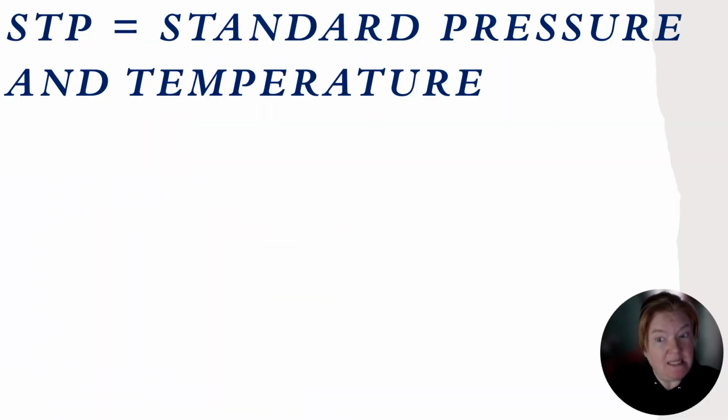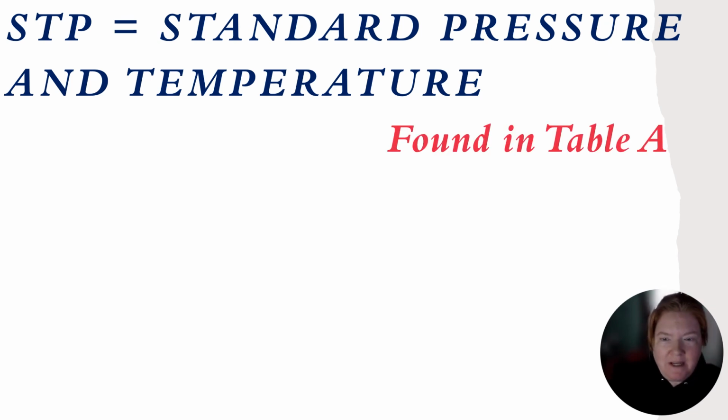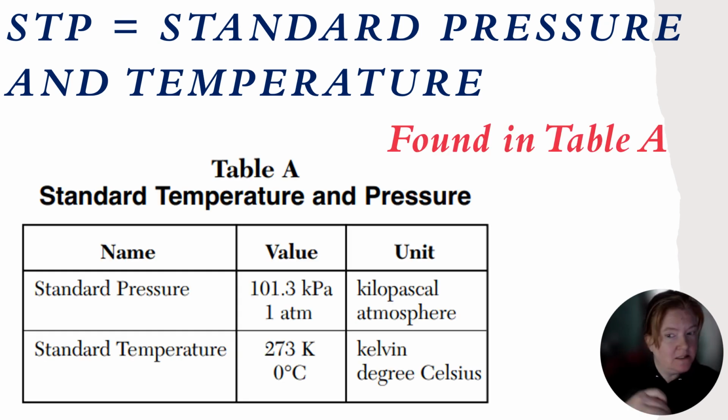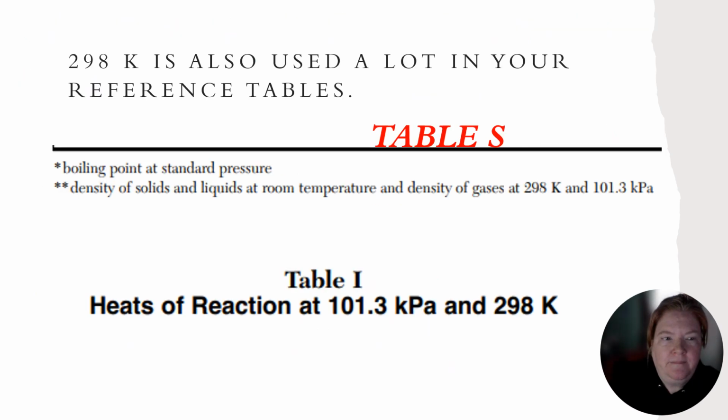Okay, STP stands for standard temperature and pressure. We find it in Table A, so easy peasy. So you should not say, I wonder what standard temperature is and get it wrong. Literally just look it up. So when you look it up, you will see here are the values for standard temperature. Here are the values for standard pressure. Easy peasy. Now, 298 K is also used a lot in your tables.